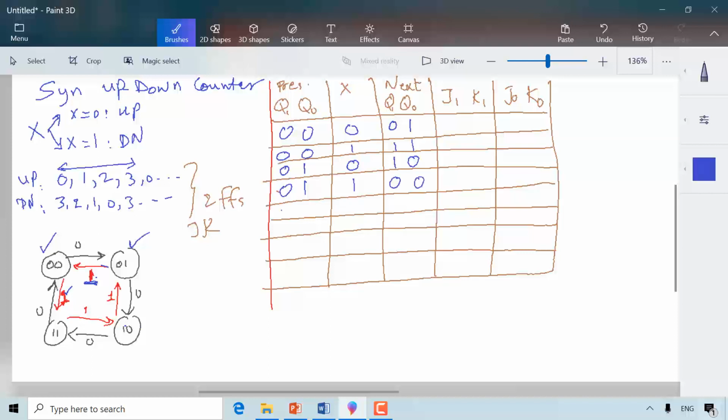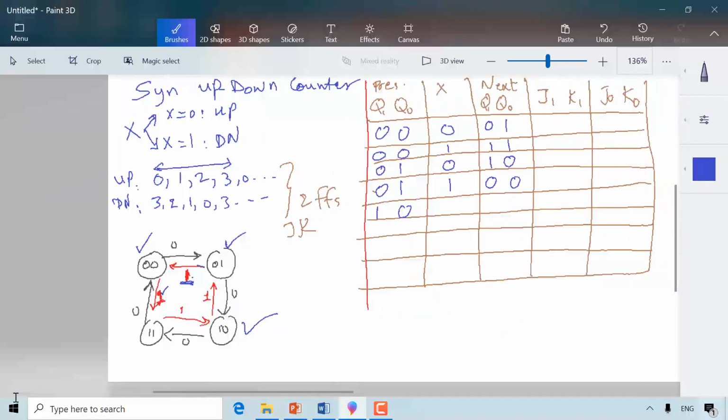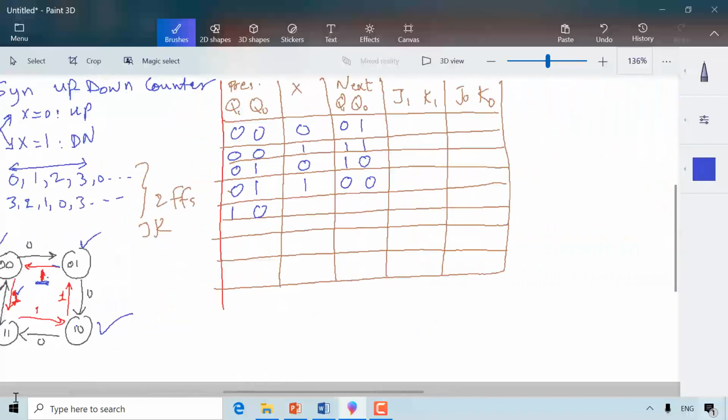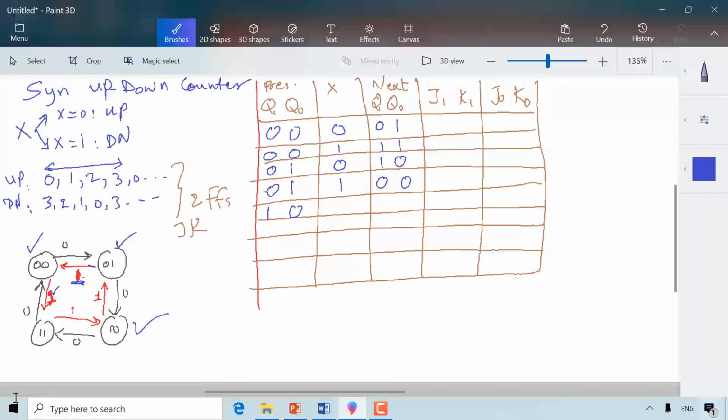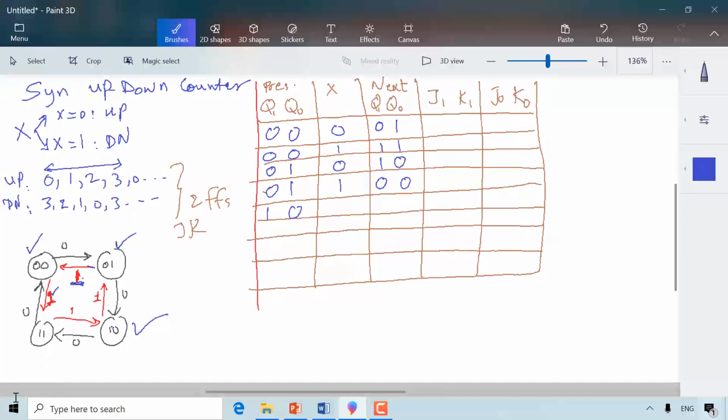If I'm in a state 1, 0, which is this one here, and I have an input of 0, I'll go to state 1, 1.